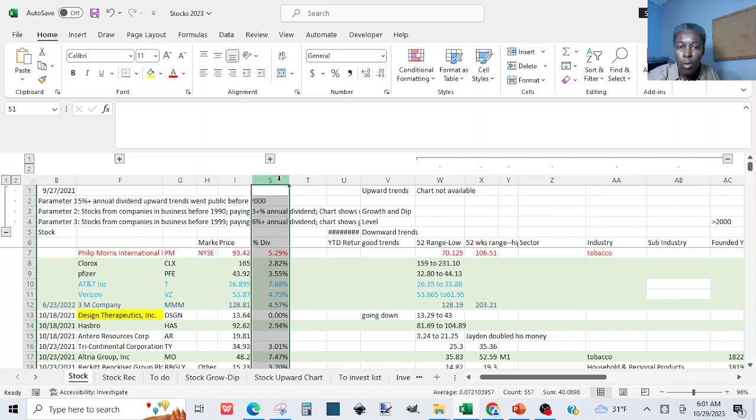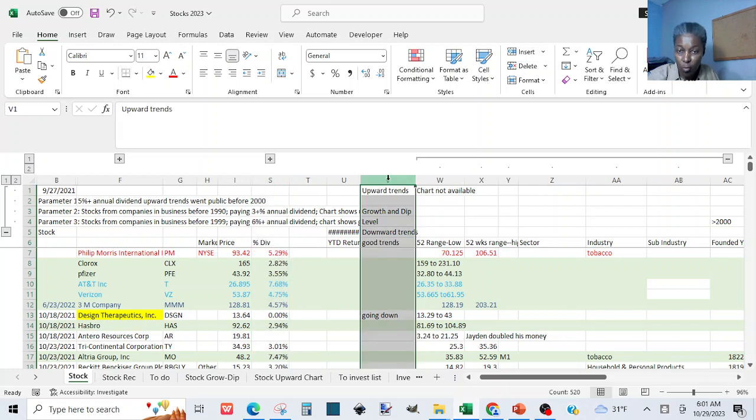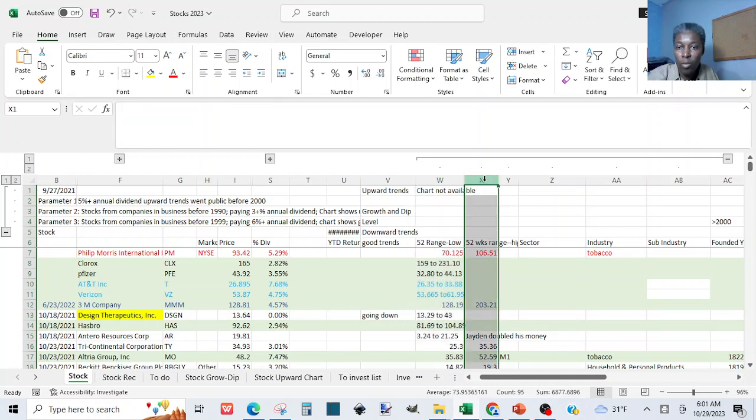You want to have a column for dividend yield and a column for the chart trend. You want to have a column for the 52-week low price, the lowest price and the highest price within the 52-week range.